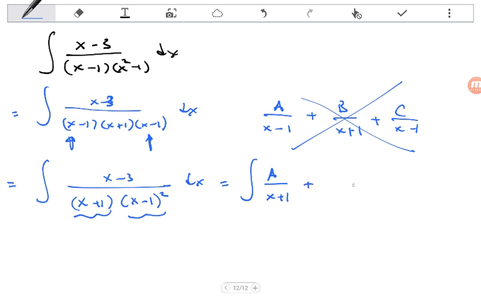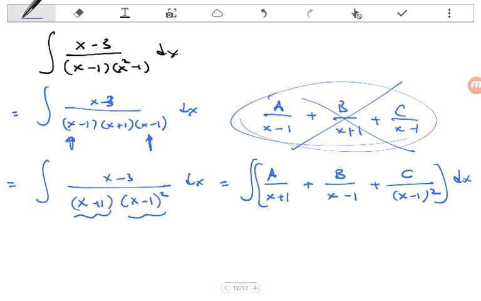So it will be b over x minus 1, and the other term will be c over (x minus 1) all squared. What is the numerator here and here? It will be a constant or a first degree term? It will be a constant. So this will be b and this will be c. Just pay attention that this term is different from this. Never use this expression.